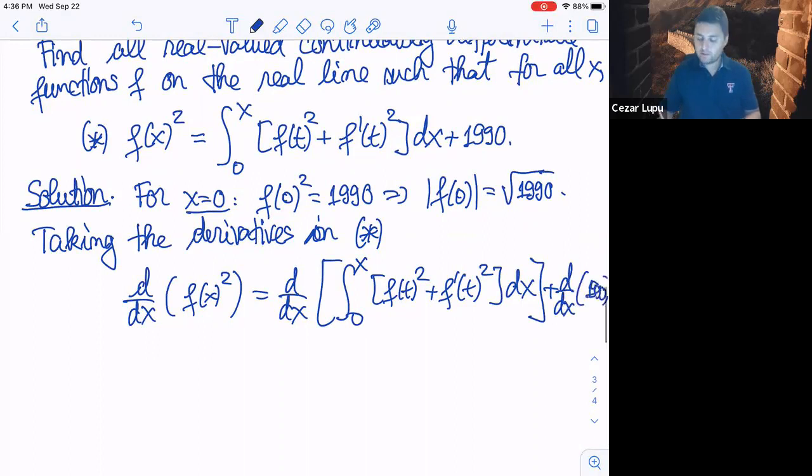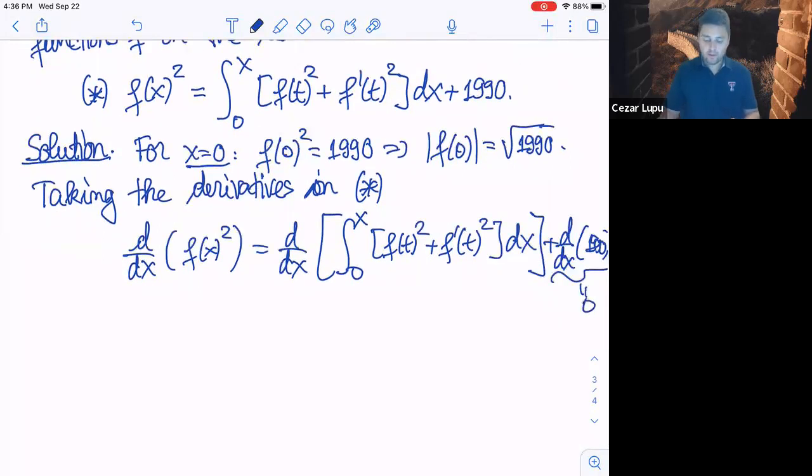This will go away. It's just 0. So this would be 2 f of x times f prime of x.